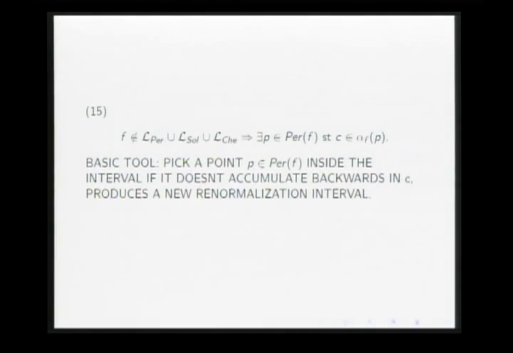So if you do not have a cherry, a solenoid, or periodic attractors, in the remaining case, then you have a periodic point here, because of one of those observations I made before, such that C will be in the alpha set of this point. Okay, so this will work very well for us.